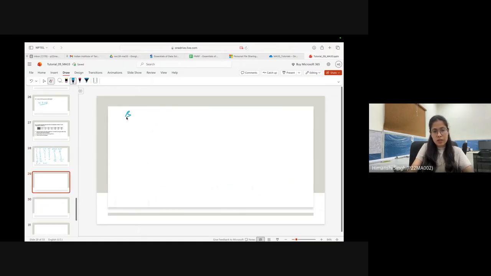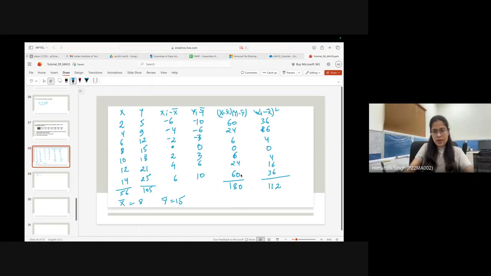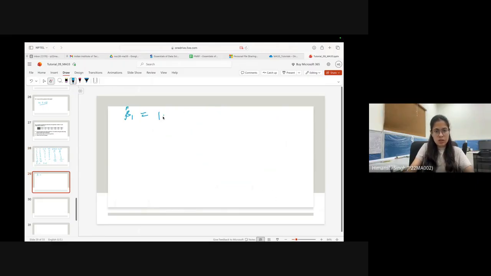So I want the slope now, the beta 1 hat. That is nothing but SXY over SXX. SXY is 180 and SXX is 112, so it is 180 divided by 112, which comes out to 1.607.